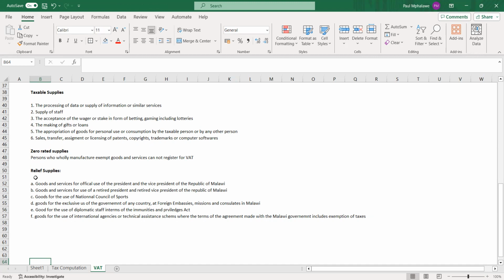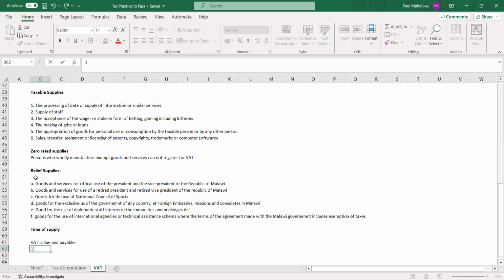Now, time of supply. There's an important element that we need to understand on the time of supply. What is this time of supply? What we're saying is VAT is due and payable on the following conditions.